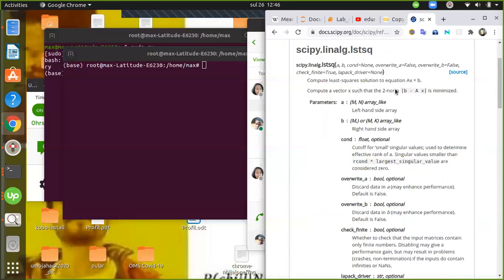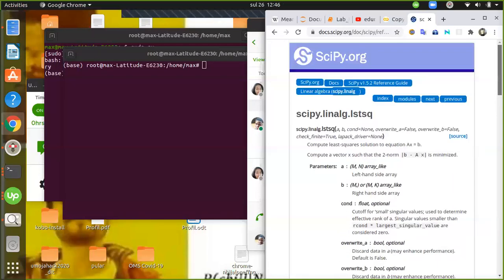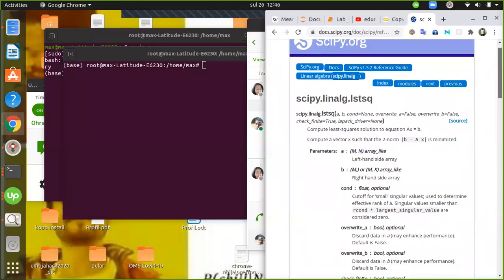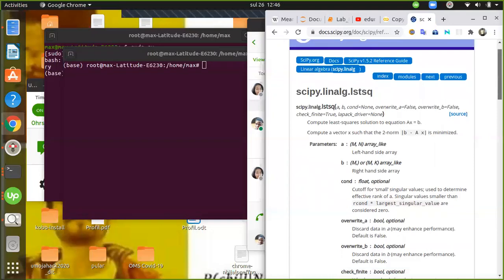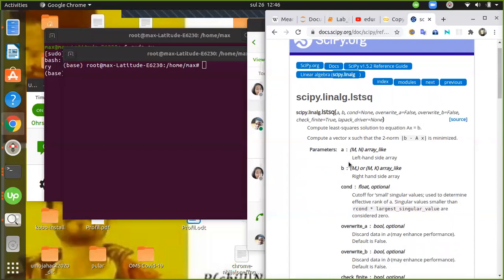Okay. So we compute the vector x such that the two-norm of b minus ax is minimized. This is the formulation of the error. The formula for the least square error is to compute a vector x such that the two-norm is minimized. So the minimized value is the difference between b and ax being smallest in absolute terms. Yes, okay, I got it. So we already have the value of b that we should give to the function.